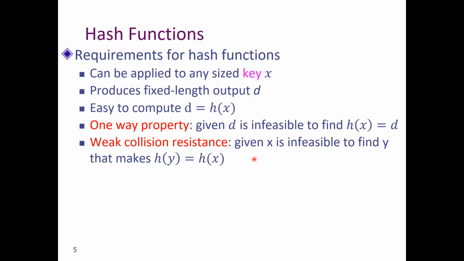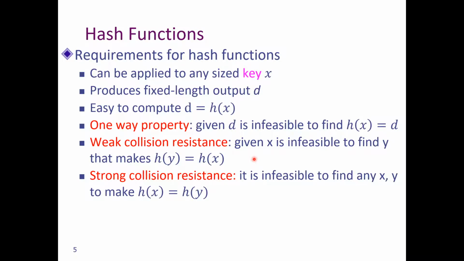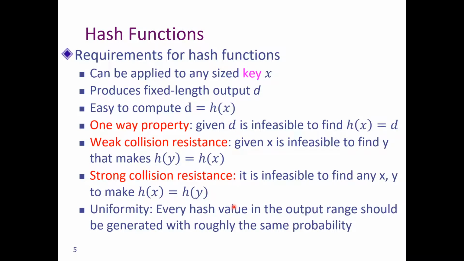So if I have X, you may not easily find another input that may cause a collision. By collision, remember, we mean that H(X) is equal to H(Y). A strong collision resistance means it is infeasible to find any X and Y such that H(X) is equal to H(Y). Okay, so this is called a strong collision resistance.